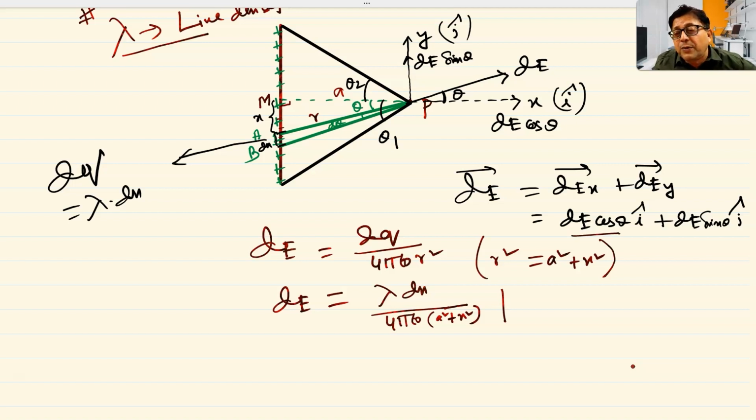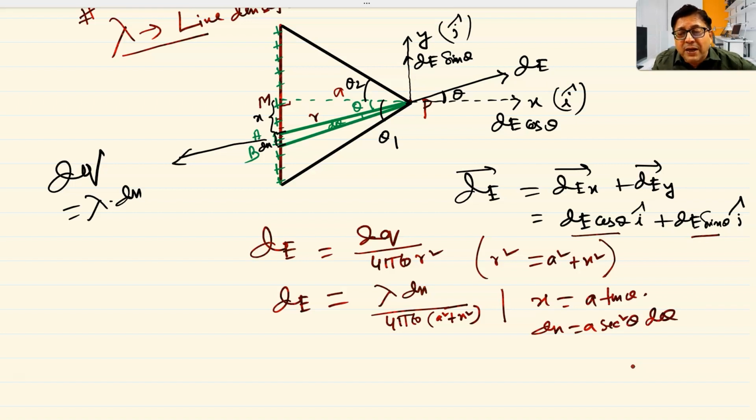Cos theta and sin theta I am not changing here because the angular position I have taken. Our aim is to express it in terms of theta. In this diagram, what do you observe? That x is equal to a tan theta. So dx is a sec square theta d theta.